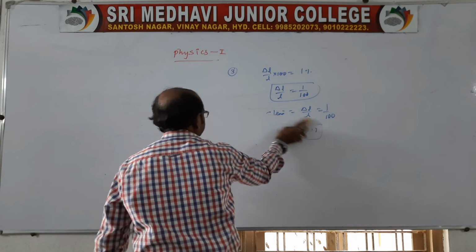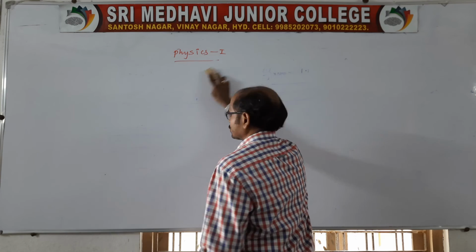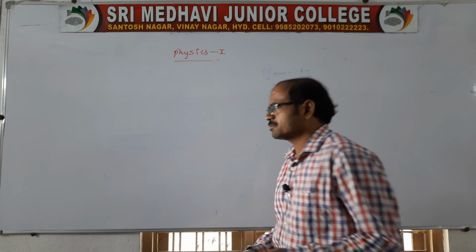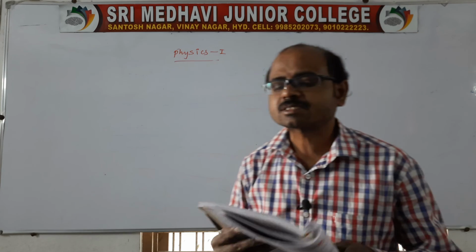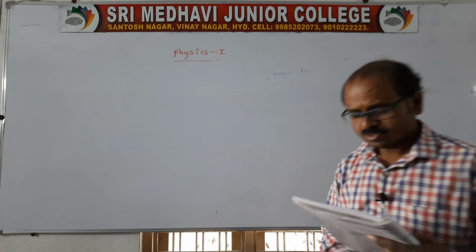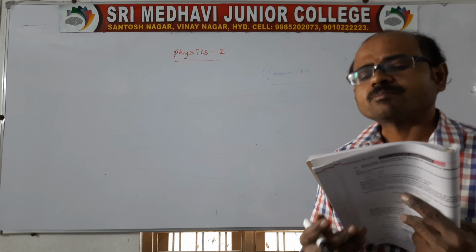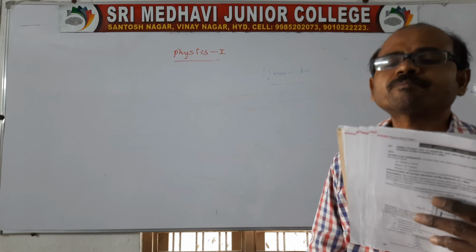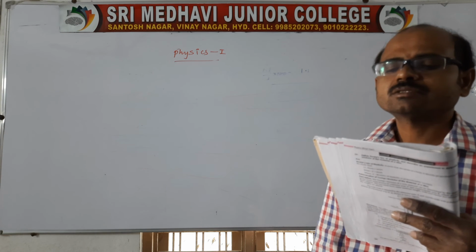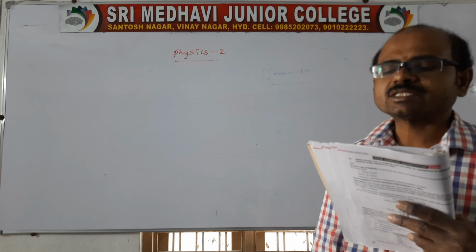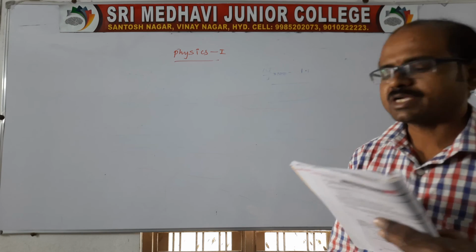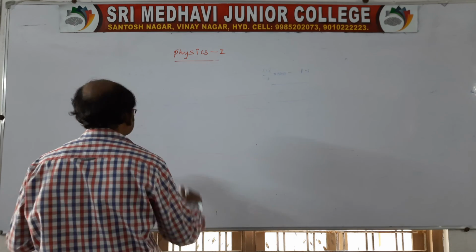And on the same page, look at the fourth question. A brass wire of diameter 1 mm and length 2 meter is stretched by applying a force of 20 Newton. If the increase in length is 0.51 mm, find stress, strain and Young's modulus.